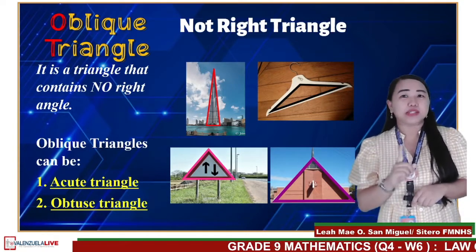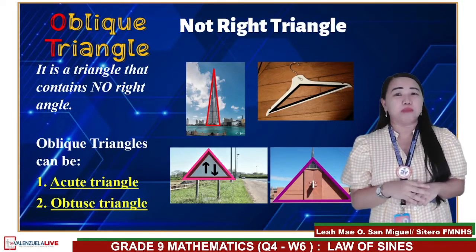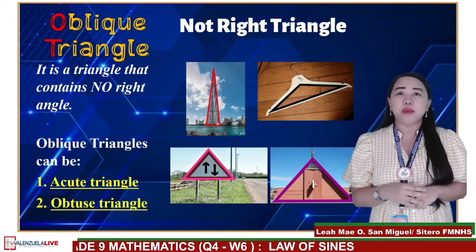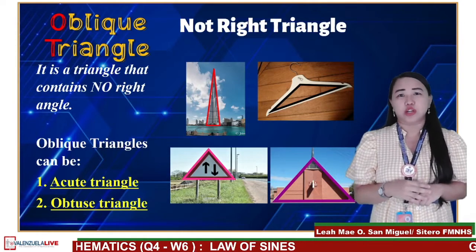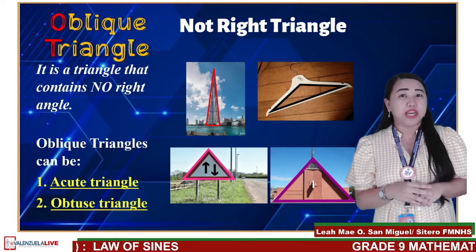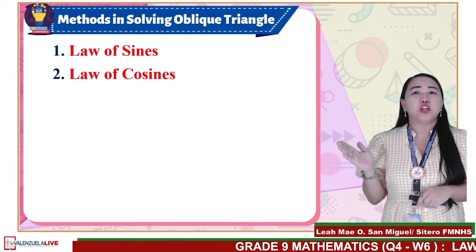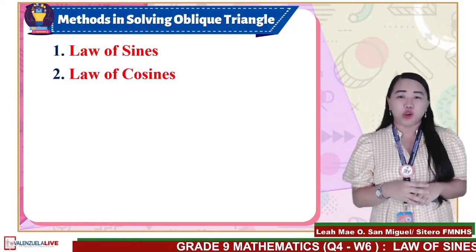In our first activity, we could find the missing part of a right triangle by using Pythagorean theorem or trigonometric ratios. How about in finding the missing parts of an oblique triangle? We could use the following methods: law of sines and law of cosines.